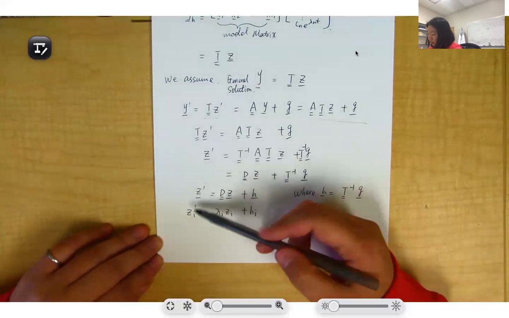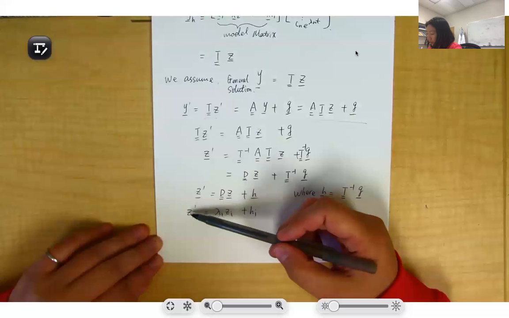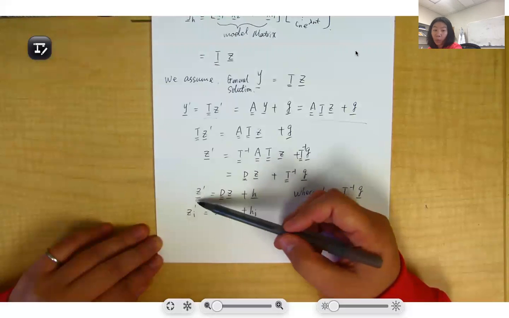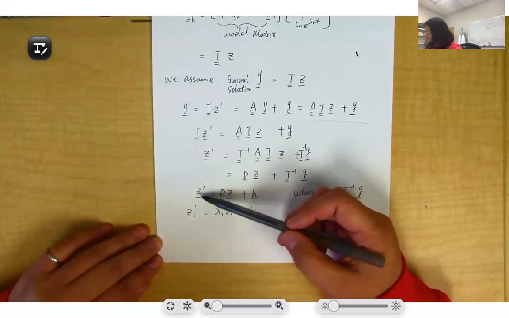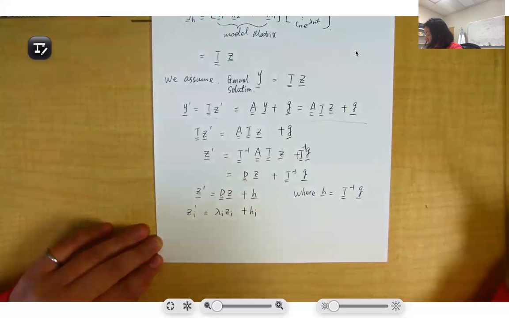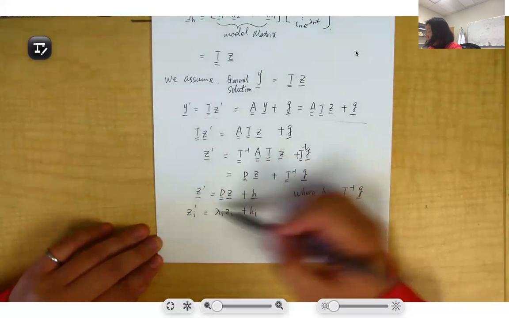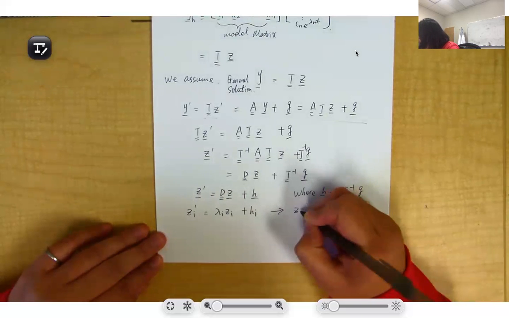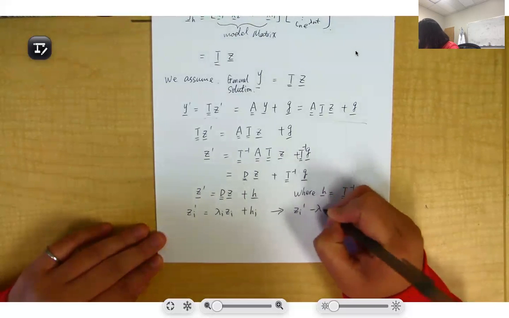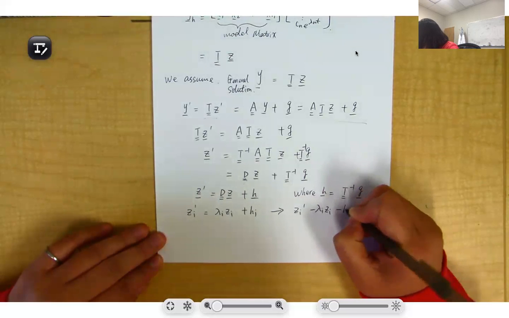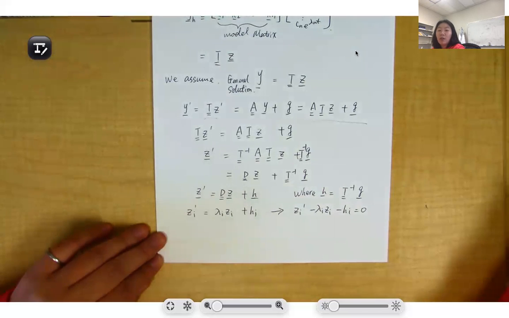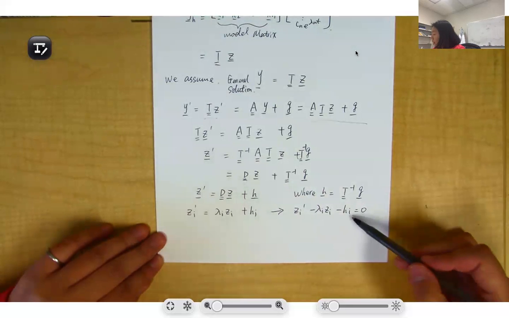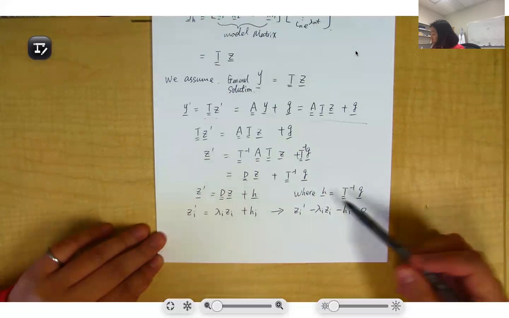That is using linear algebra to represent these functions and matrices. Then you get zi prime minus lambda i zi minus hi equals 0, so this becomes a first order linear ODE for zi.